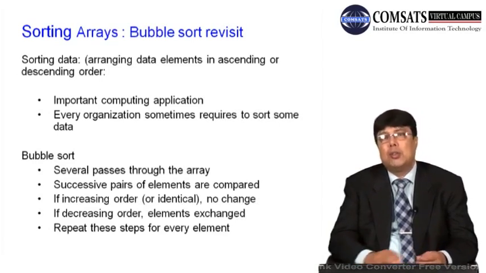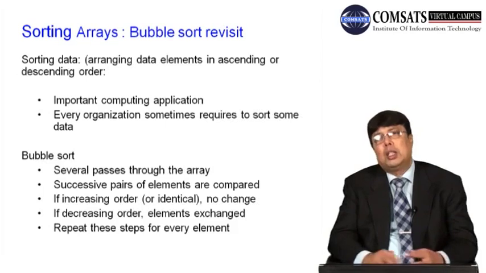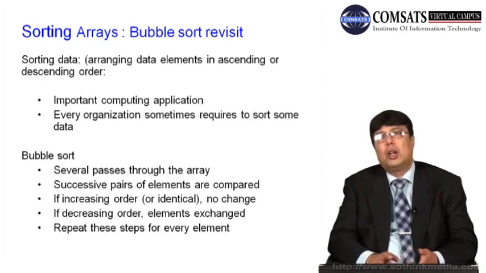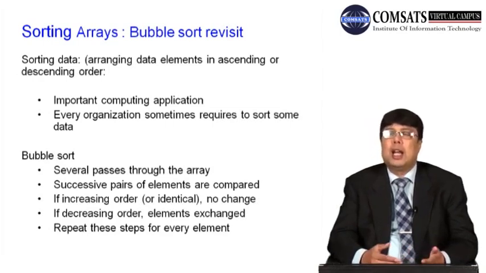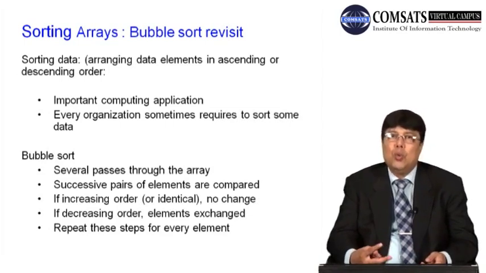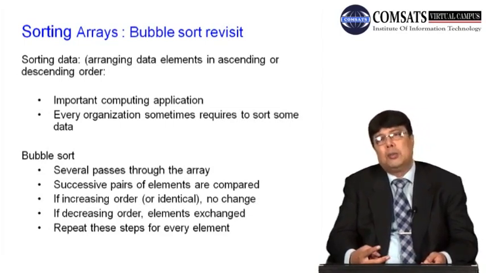So in the second pass we perform the same thing, but this time instead of going up to n, we stop at n-1, and we compare n-2 with n-1. If they are not in order, we put them in order. So after completing the second pass, we have two keys which are in their final position.